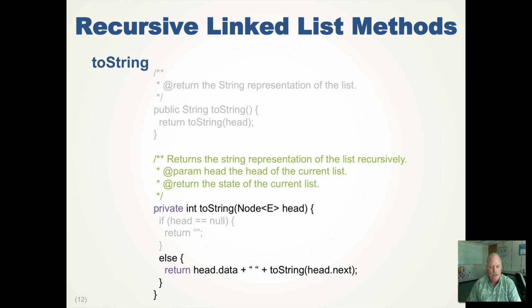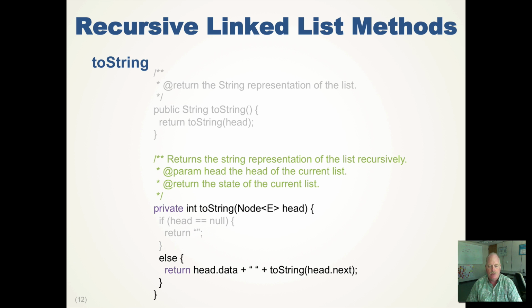Else we return the data plus a space plus the toString of the rest of the list. So again, we'll call toString again and again and again until we get to the end. Then we return an empty string, and then we'll append that to the head.data, and we'll keep building back the string, and then we'll correctly produce a toString representation of the linked list.